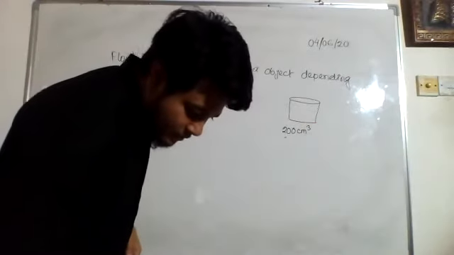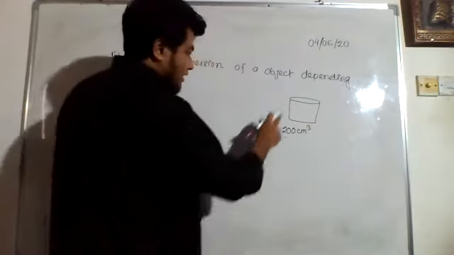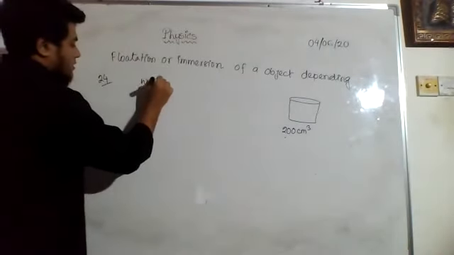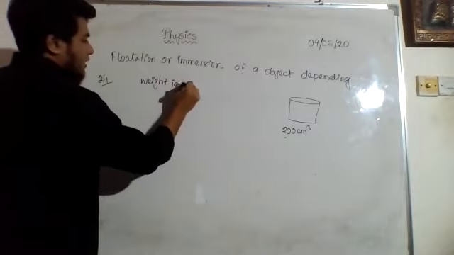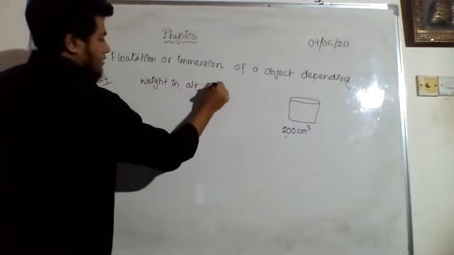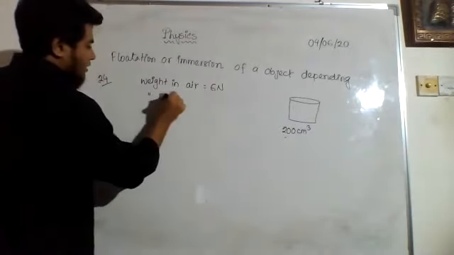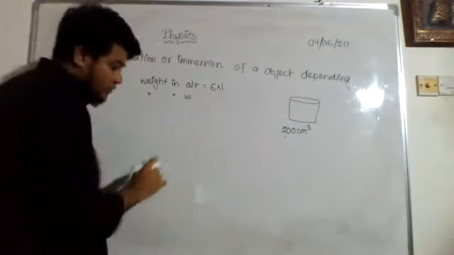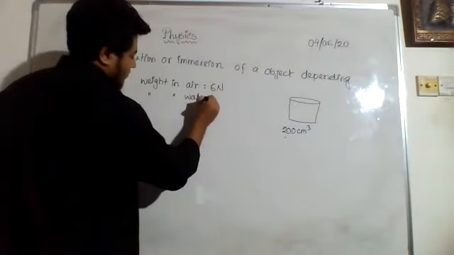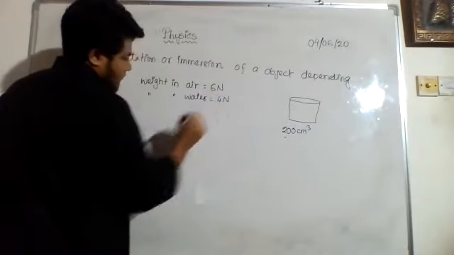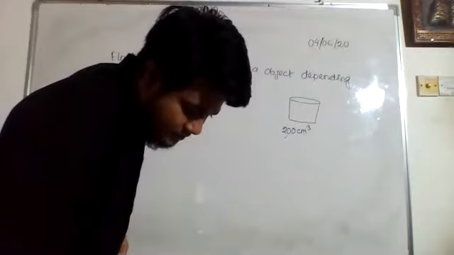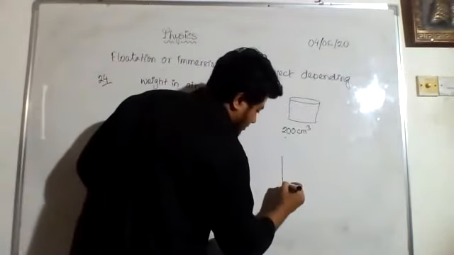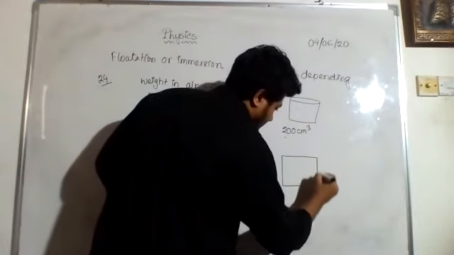Its weight in air is 6 Newton and weight in water is 4 Newton. On the other hand, the pot of picture 2. Now this is picture 1, and picture 2 looks like this.